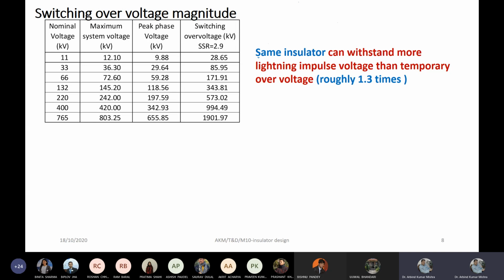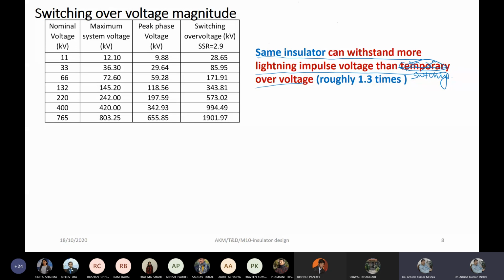So since the same insulator can withstand more lightning impulse voltage, this is for switching; temporary overvoltage we have already done.